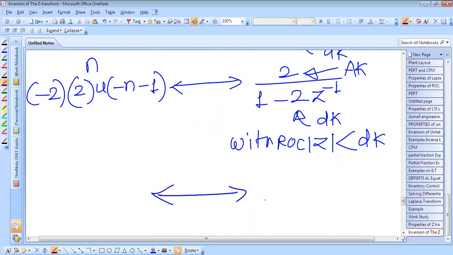Next is the inverse Z transform of the third term, minus 2 over 1 minus z raised to power minus 1. Again we compare with the general equation.